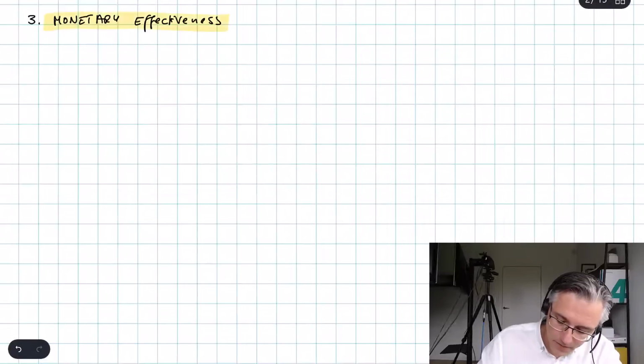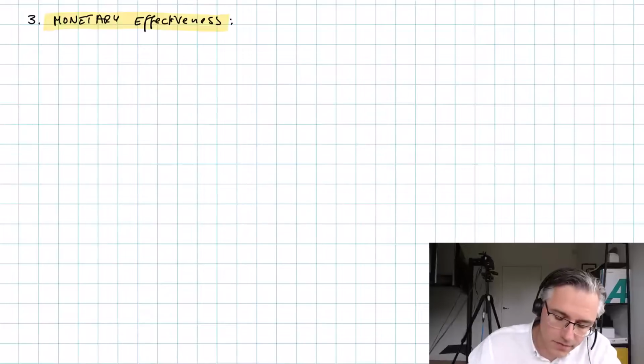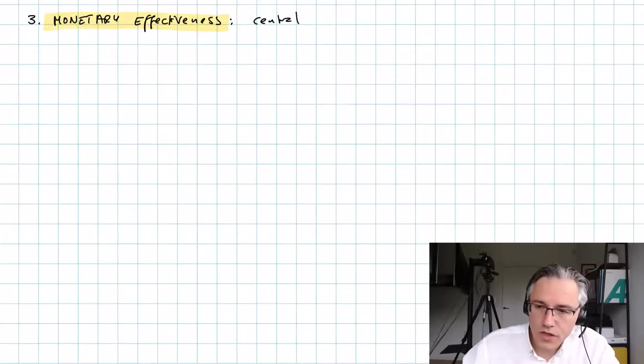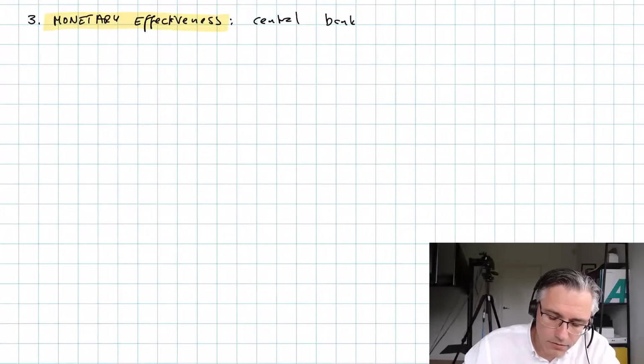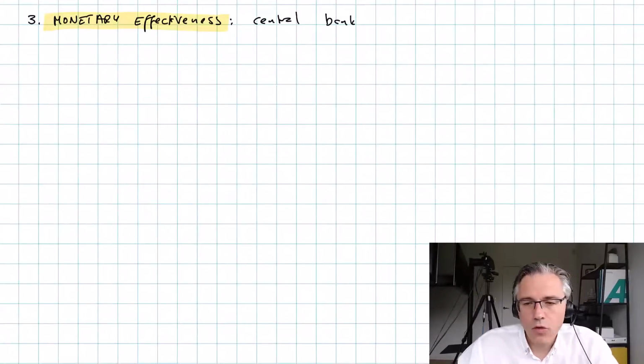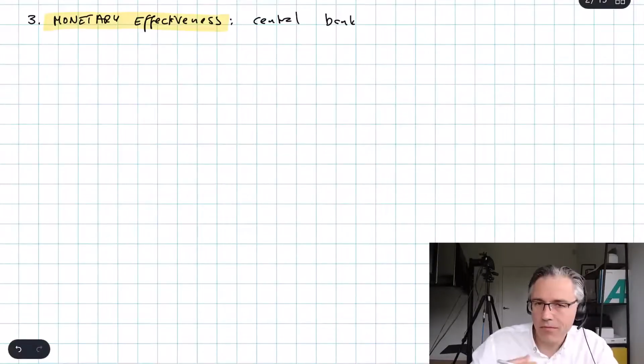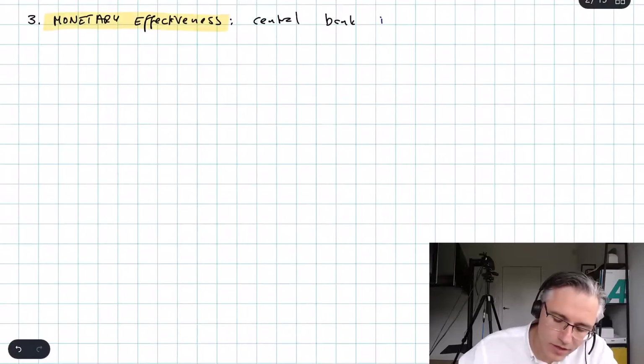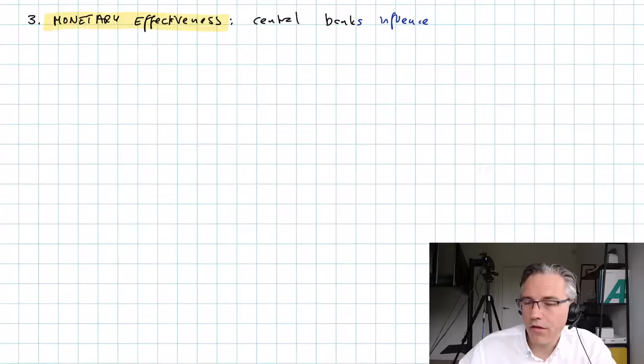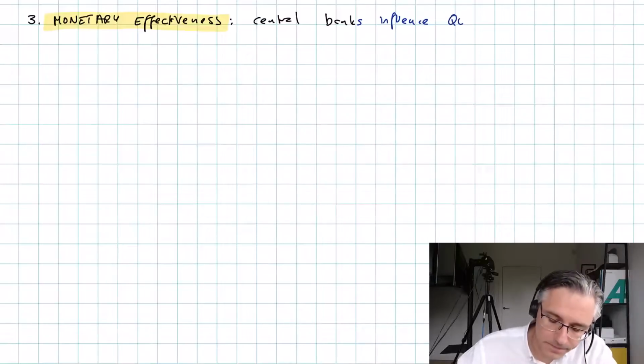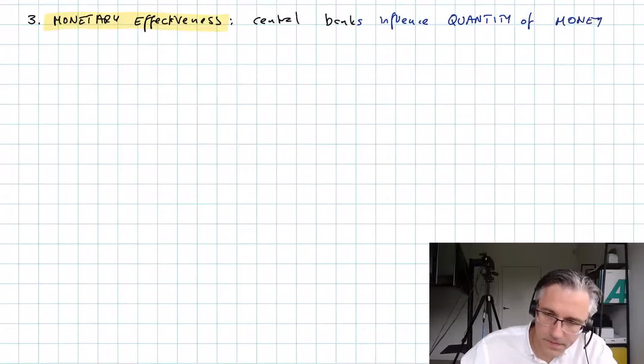Okay. Now this is all about the central bank and its role in the economy. As you will probably already know, what the central bank does, via a number of tools, is try to influence the quantity of money in the economy, and therefore also the level or volume of credit.